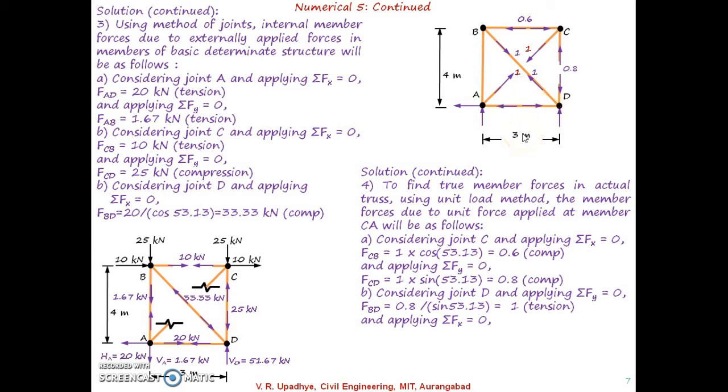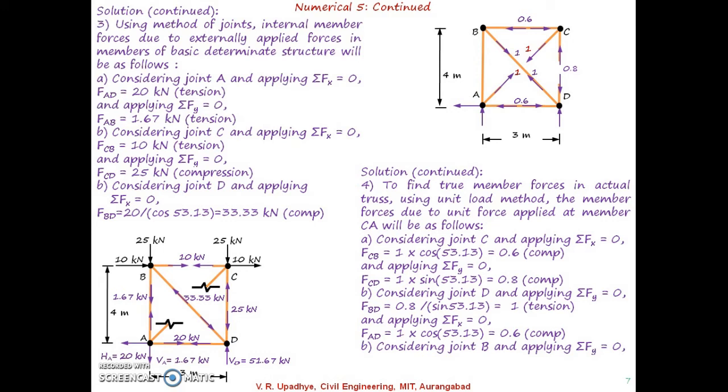So the equation will become FAD minus FBD cos 53.13 equal to 0. So it will give us FAD as 1 multiplied by cos 53.13, and that again gives us the value 0.6, and that is compression.